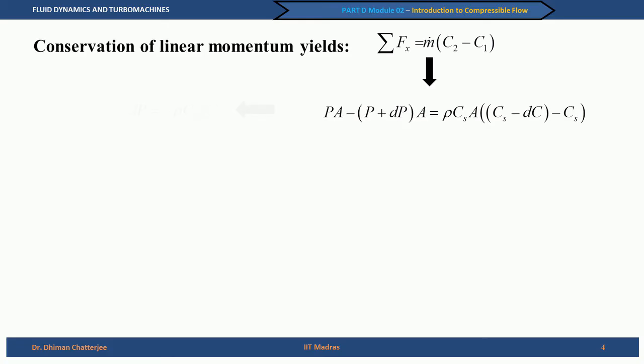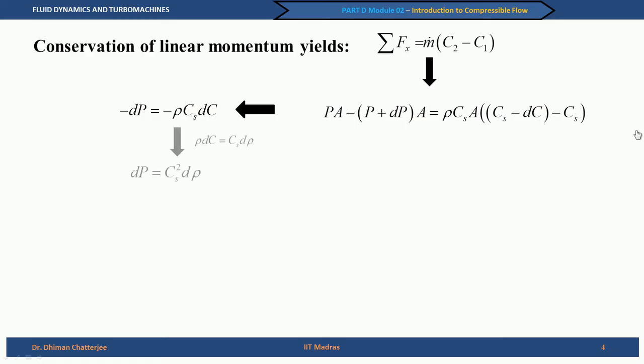So, once we simplify, the first term P A gets cancelled with the P A inside the bracket and we get minus A d P, and we have A on the other side. So, A gets cancelled.